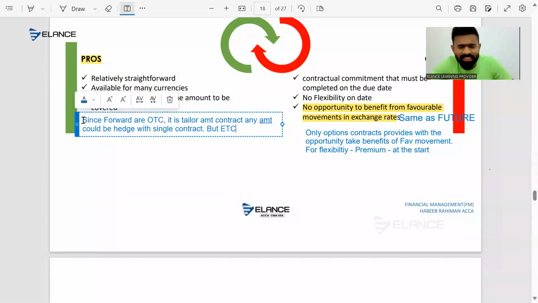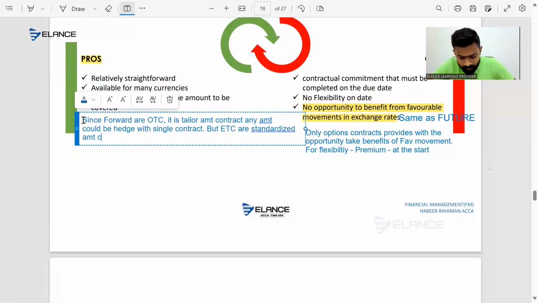exchange traded contracts, ETCs, what are they? Standardized amount contracts. There is a chance we will end up with what hedging, exact, precise hedging or imprecise hedging?